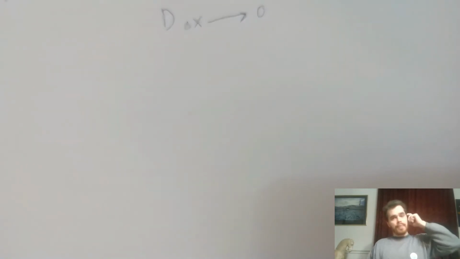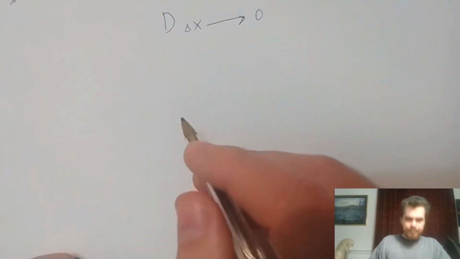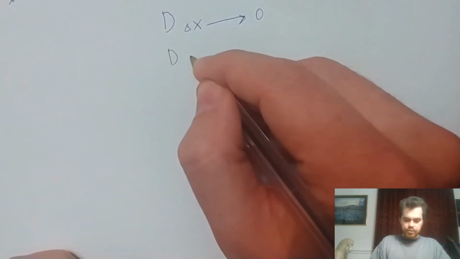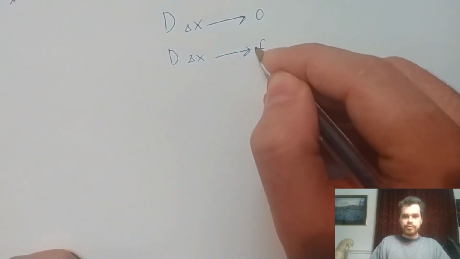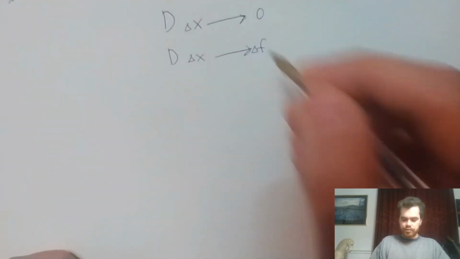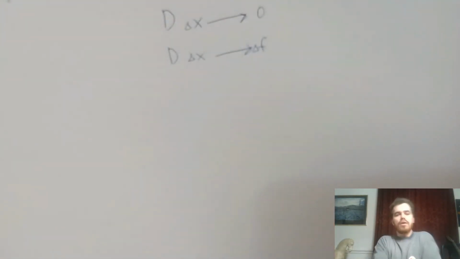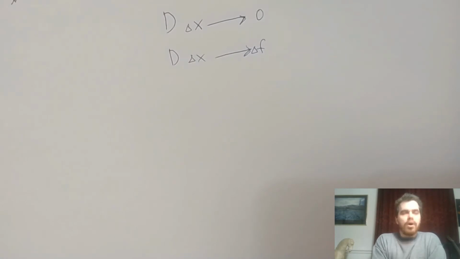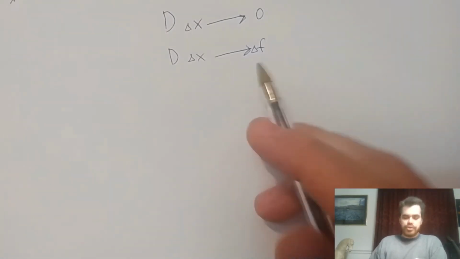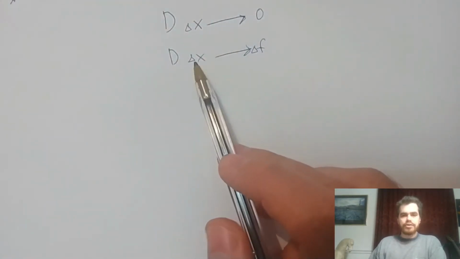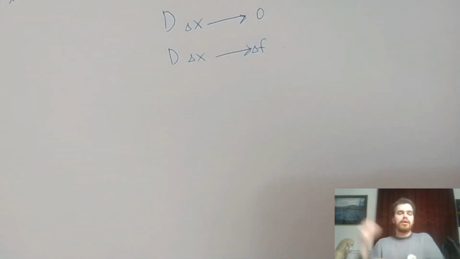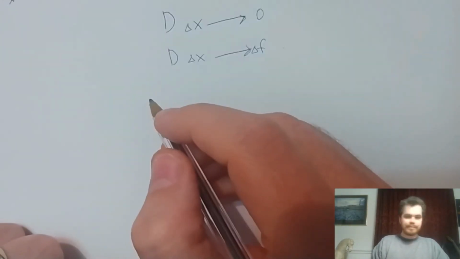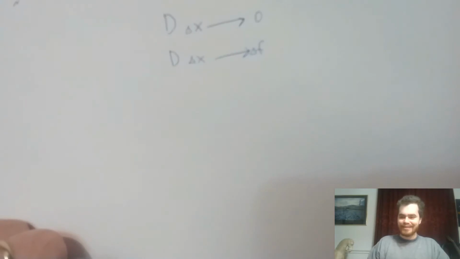And instead, D took our delta x's to some new f, or to some new delta f, I guess. So our knowledge of the relationship between this x and this f should be reflected in our new approximate Jacobian.